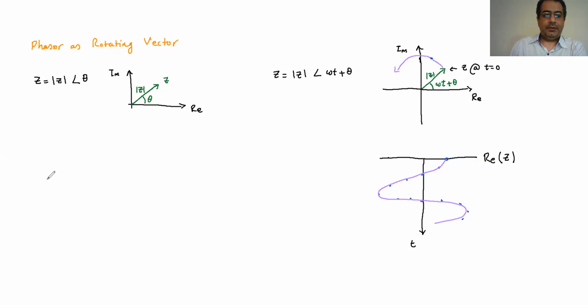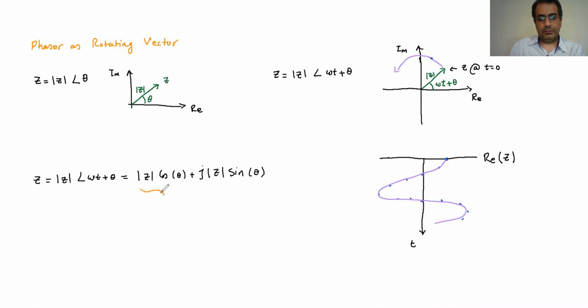Now, look at this. I can write this equation. I know that the z, if it is at angle omega t plus theta, I can write it as z cosine theta plus j z sine theta. This is the real part. We know that from the complex number. Oh, sorry, I forgot the omega t.